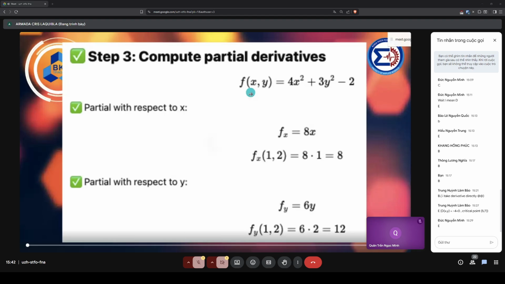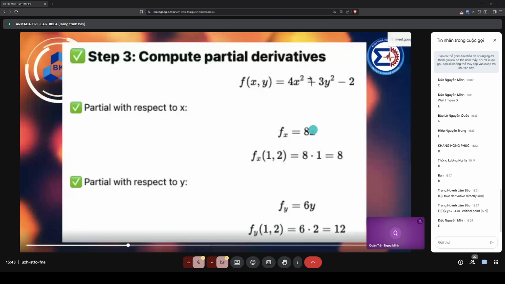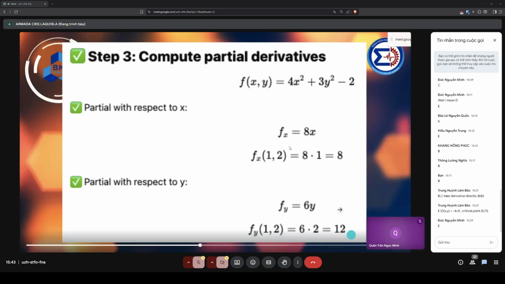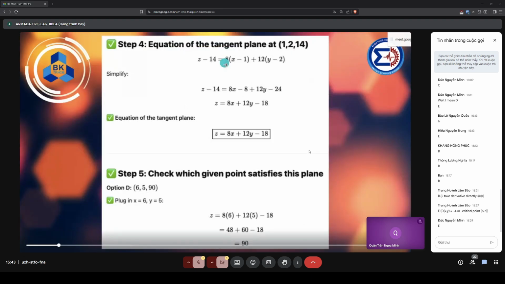So if this is your f of x, y, our fx here is 8x. Now you substitute the (1, 2) there, we got 8. Now your fy here is 6y. Now substitute 1 and 2 there, your fy is 12. And you will substitute it there. You have your 8 and 12, those values.